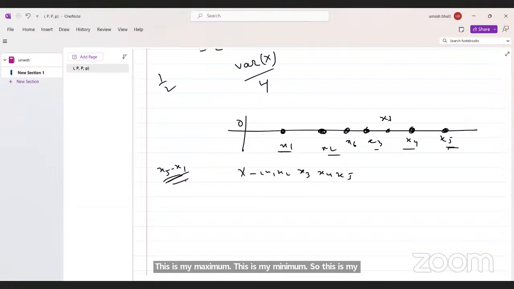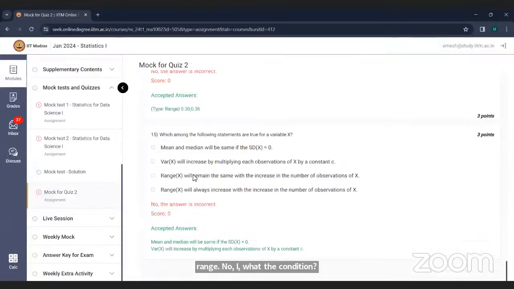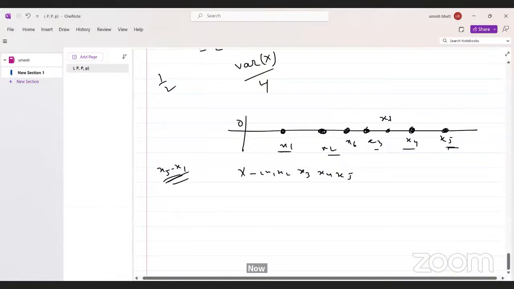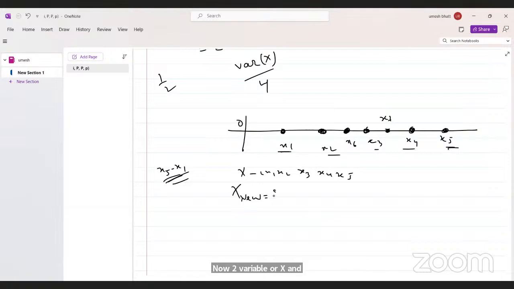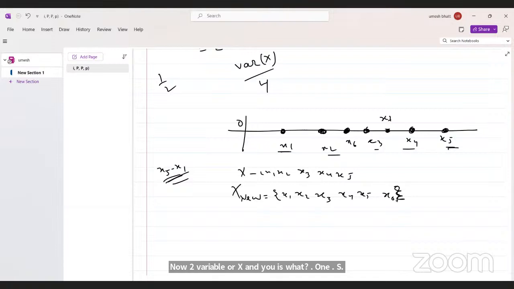Now I increase my number of observations, so this is my x6 and this is my x7. The new variable is x1 through x7. Now what is the range in this case? It will be the same. So is it increased? No.